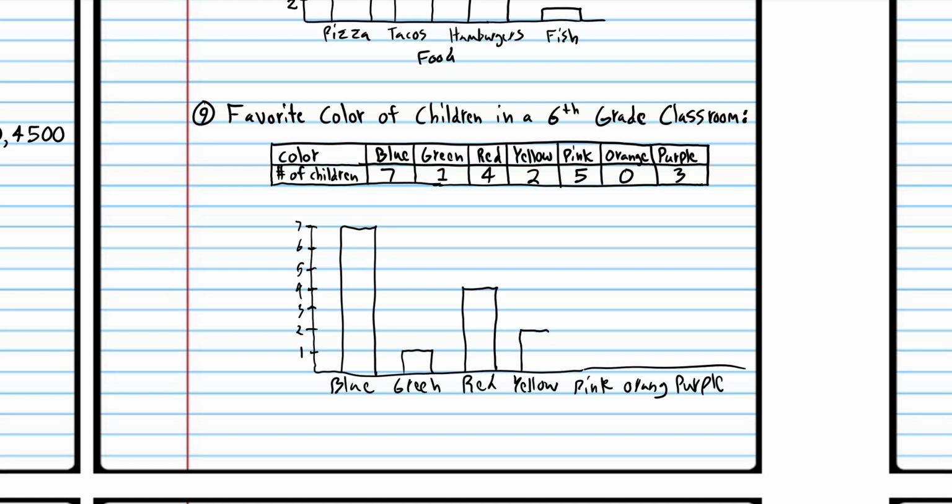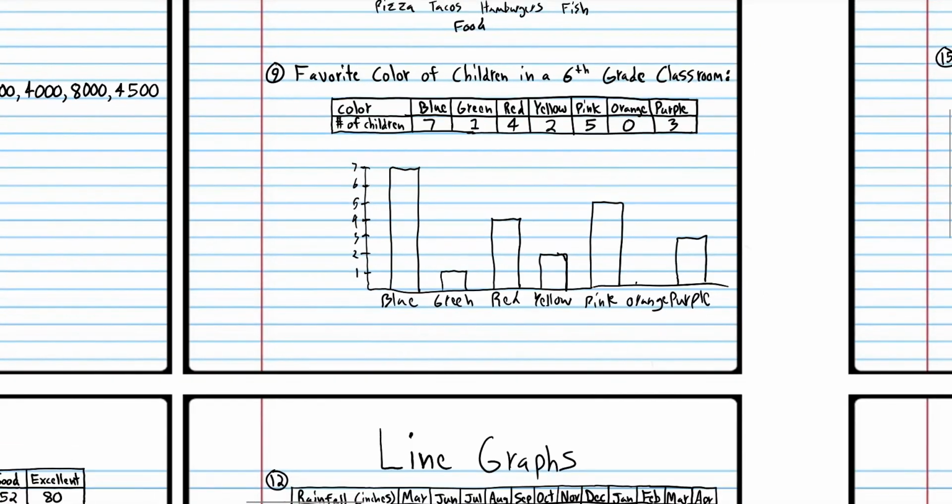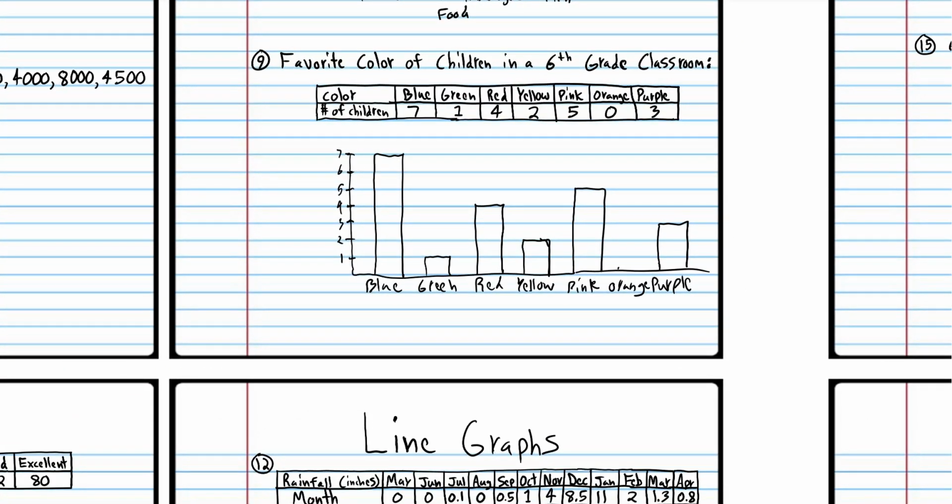So on and so forth. So you just fill these in. Nobody likes orange. And there you go. So you can see the distribution of this categorical data just by looking at that graph.